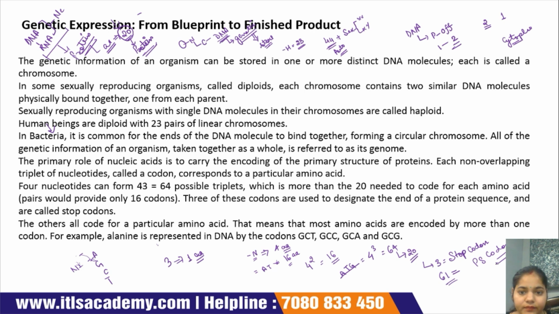And for example, alanine is coded by GCU, GCC, GCA, GCG. These 4 forms of codon will code a single amino acid.